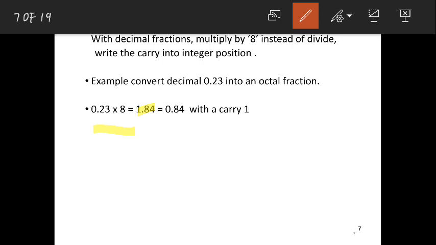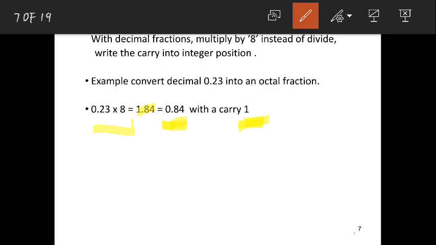Here the integer part is 1, which I have written as a carry. The remaining is 0.84. This 0.84 needs to be multiplied by 8 again. I said you need to multiply repeatedly with 8.